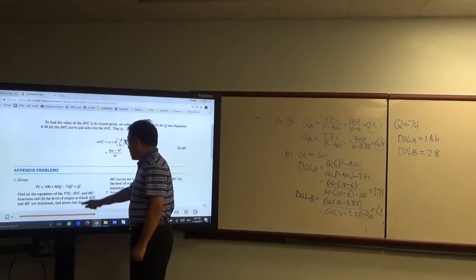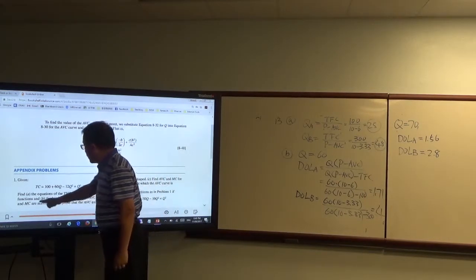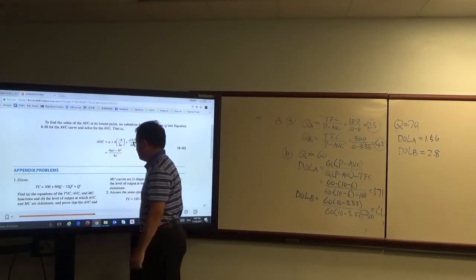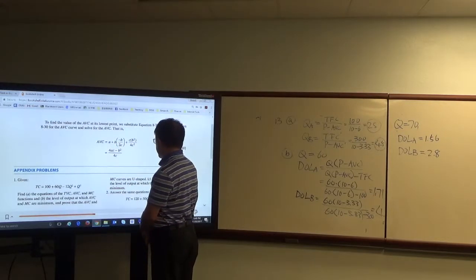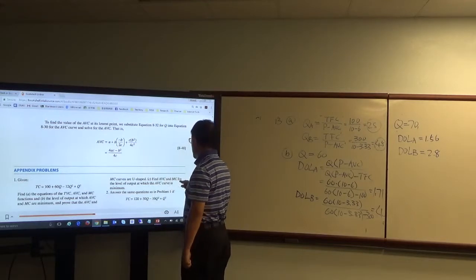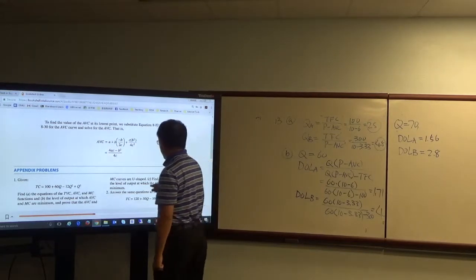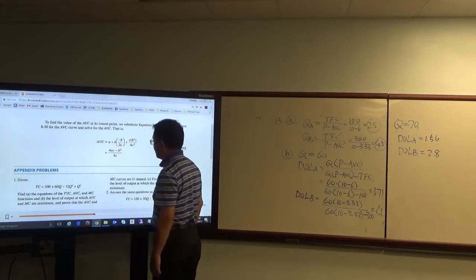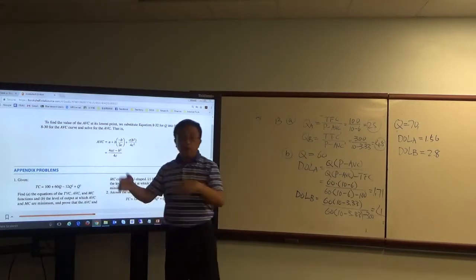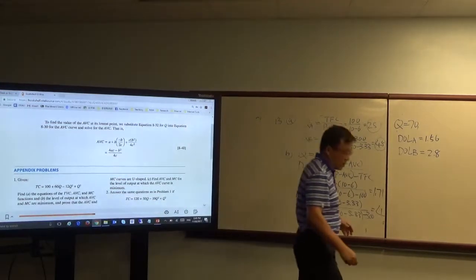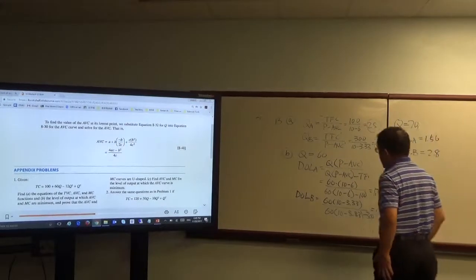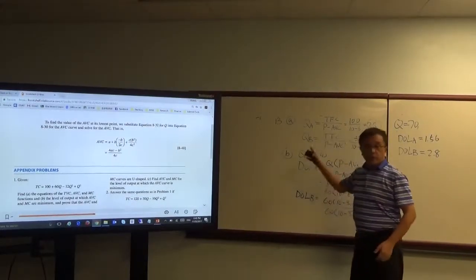Second, the level of output at which the average variable cost and marginal cost are minimum. And find the average variable cost and marginal cost for the level of output at which the average variable cost is minimum. So there are several parts, but it's actually a pretty easy question. Do you mind if I erase this part?